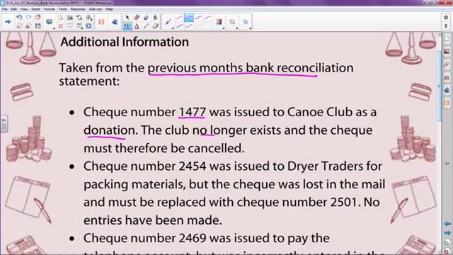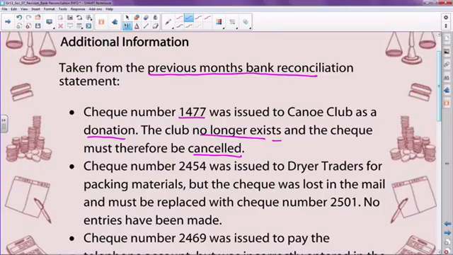The club no longer exists, and the check must therefore be cancelled. So obviously this check was issued a while back to Canoe Club, and for some reason that club doesn't exist anymore, and they are now instructing you to cancel the check. In other words, this check will not be paid out because the club doesn't exist. You must now go and cancel this check.